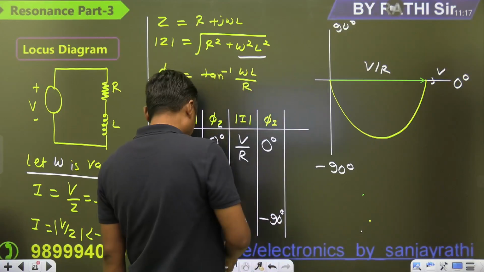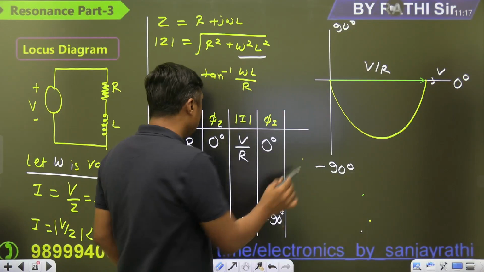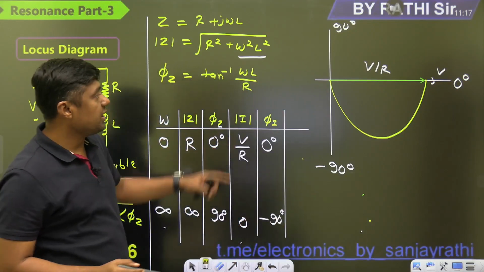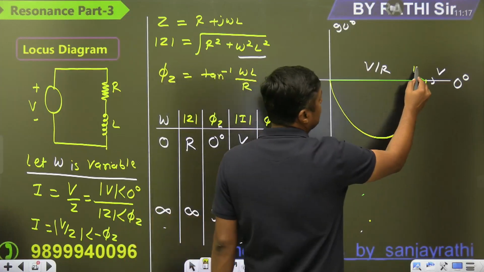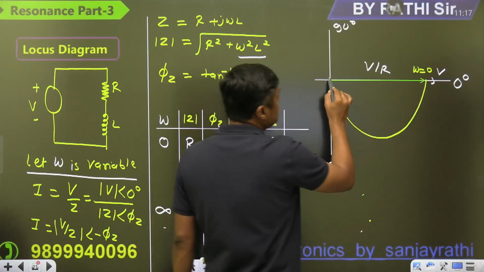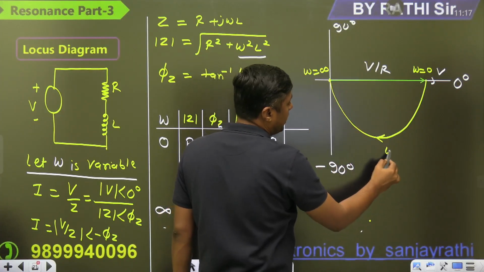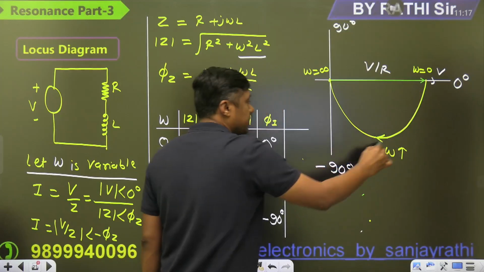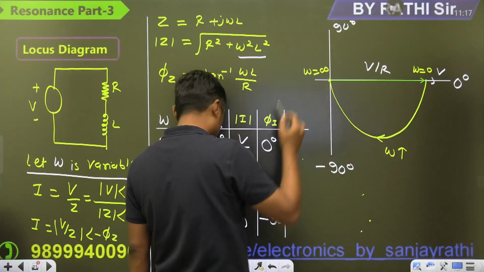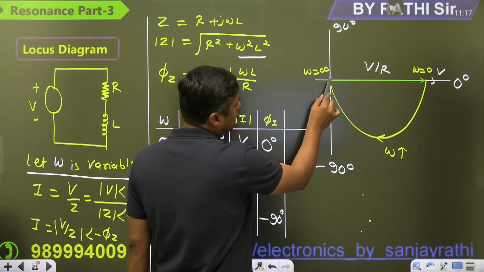Okay, finished. And now remember, when omega is 0, what is this? V by R. So this value is omega equal to 0. And when omega is infinity, you will reach here, and that's why the arrow is like this. Omega increases from this point to this point. Okay, omega arrow. If you want to draw exactly at 45, yes, you can draw.